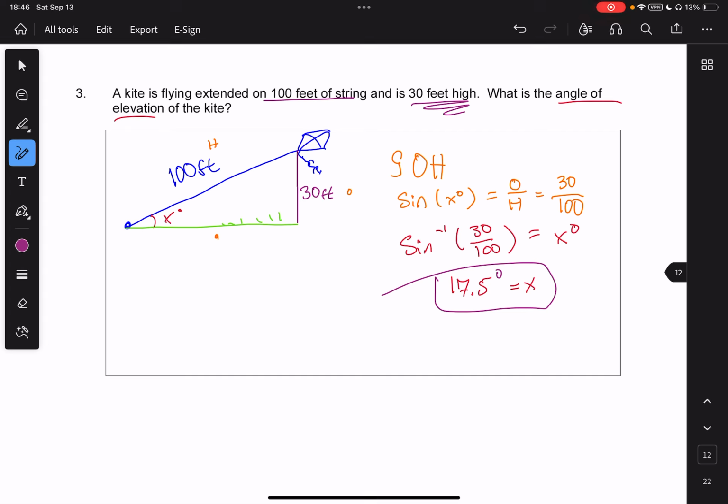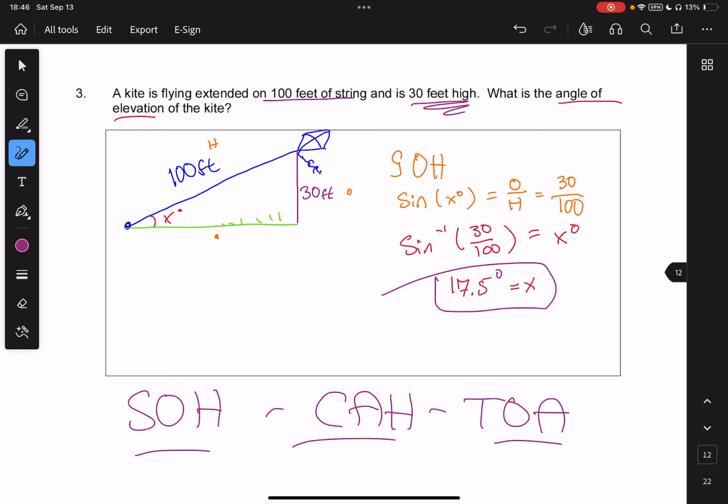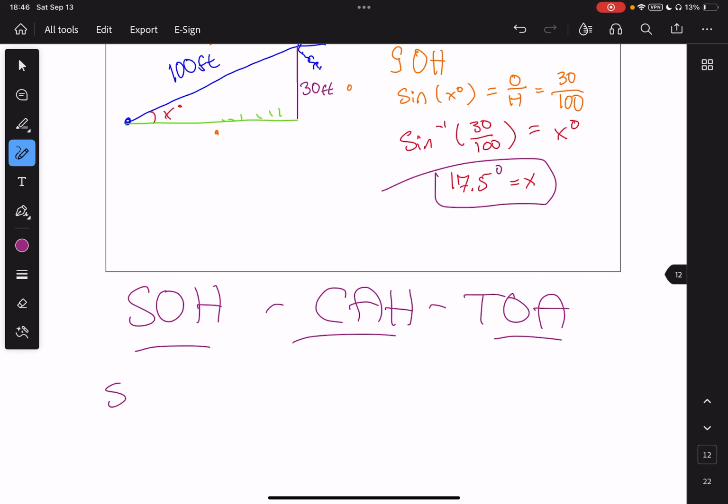So the main key for these questions, SOH CAH TOA. You must remember SOH CAH TOA. Sine is opposite over hypotenuse. Cosine is adjacent over hypotenuse.